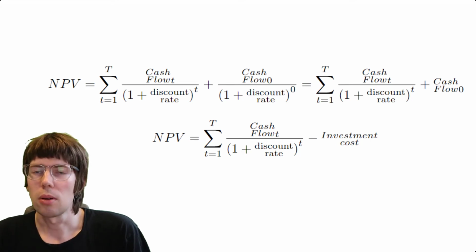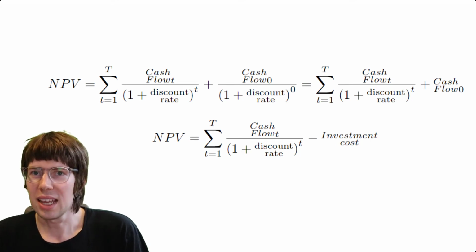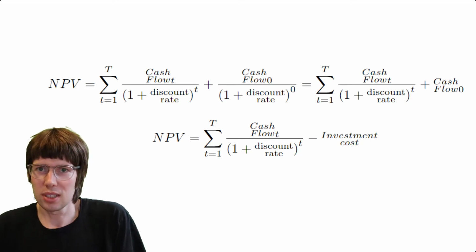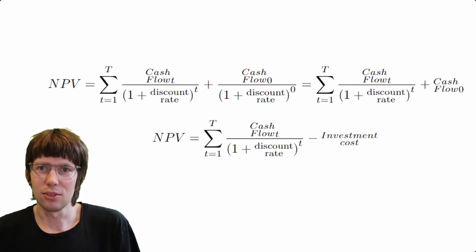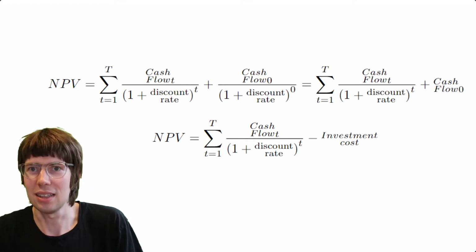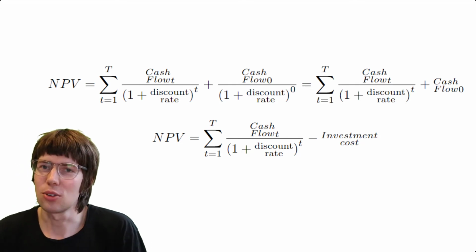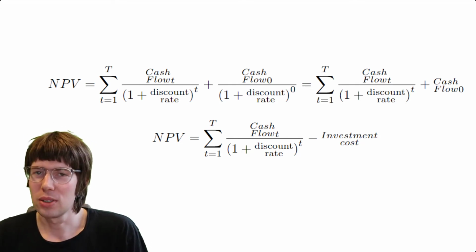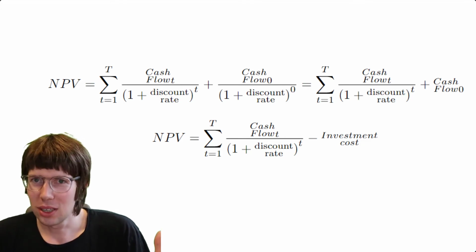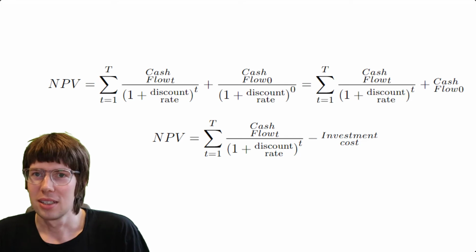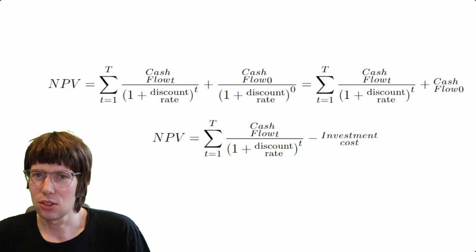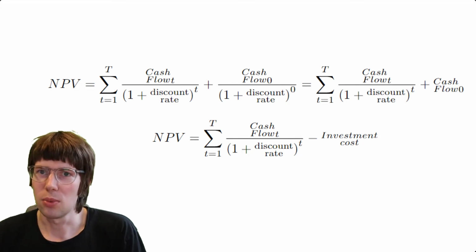A cost, however, an investment cost, can never be negative, because if the cost is negative, that would mean that it's not that you have to pay the bill, it's that someone is paying you money. So you don't have negative costs. Costs are always positive numbers that you subtract. So you get this funny relationship here between the cash flow and the investment cost. That is something you need to keep in mind to not get confused by.